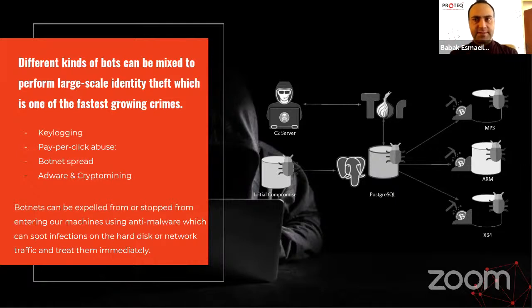Another way that botnets are used for bad intentions is pay per click abuse. We all know that there are some websites that give you money for pay per click. Those botnets will run something on their infected clients to do the clicking, in order to gain money from the website.